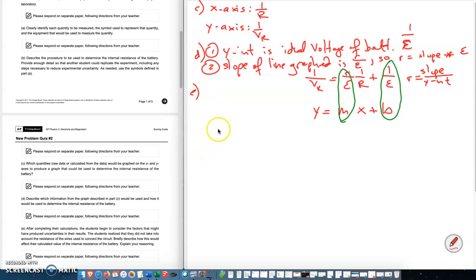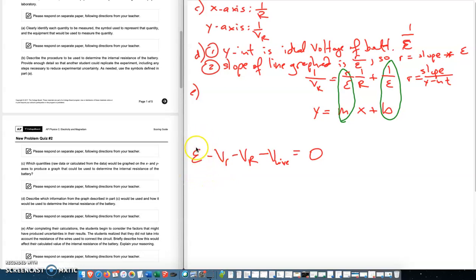So for part E, V of, wait a second, this will be ideal part, internal resistance part, known resistor part, and now what they're telling us is that we should have had also the wire.